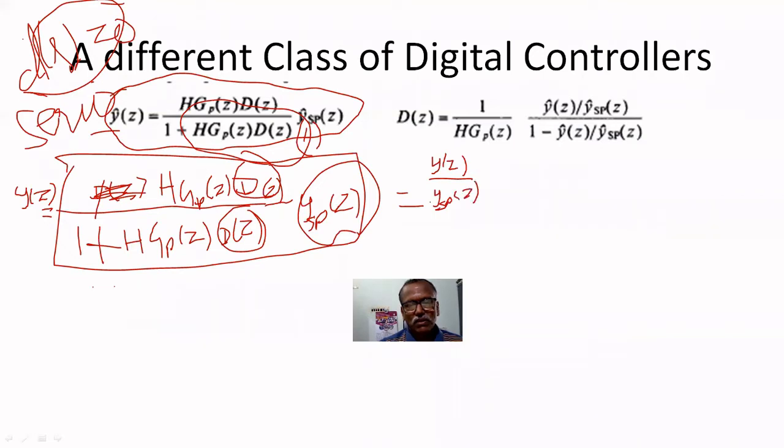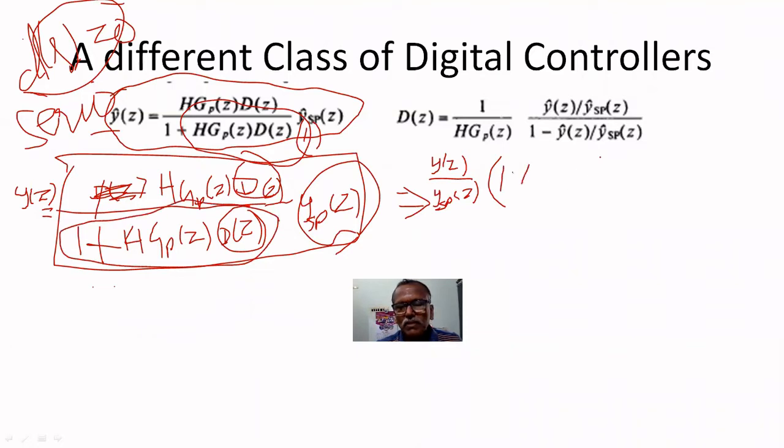So I brought Y set point of z to the left hand side, and this denominator also I am bringing to the left hand side. Or you can directly take Y(z) by Y set point of z, and then bring this denominator to the numerator. So if you bring that, what you will get?